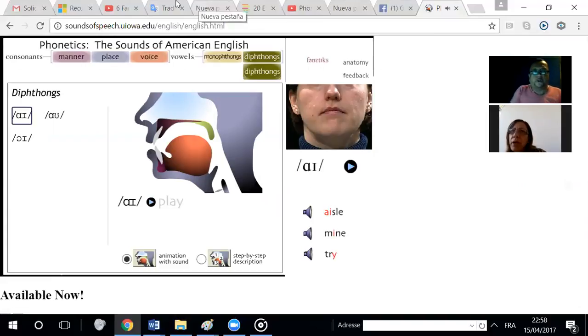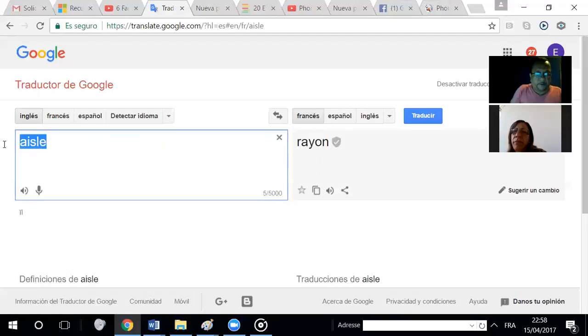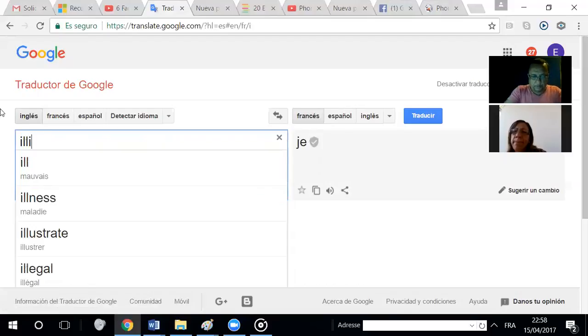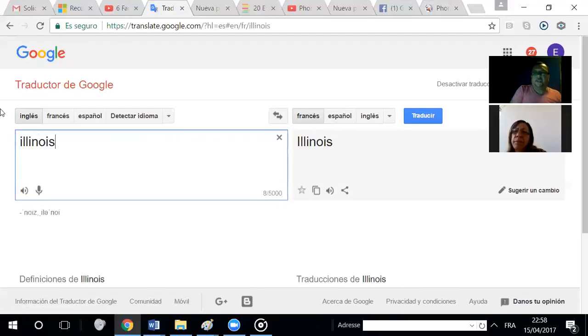It's like this word. Listen very carefully. Read it. Illinois. It's the state of the United States, but you need to get the S. Illinois. You cannot say Illinois. No, it's Illinois.